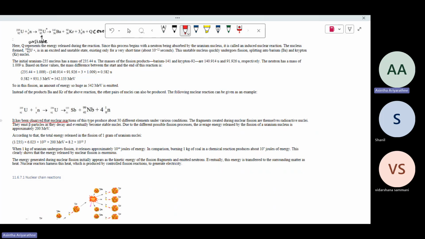So we cannot actually predict what would happen after the nuclear reaction process. We cannot say definitely this would be formed. Under various conditions, different types of nuclei would be formed after the reaction.